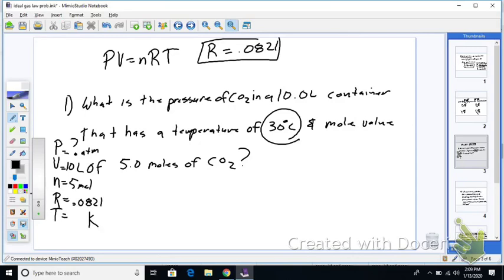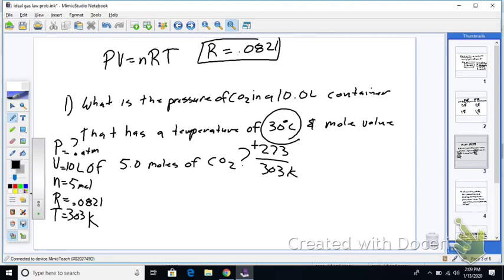You guys remember what we need to add to change it to Kelvin? It was a high number: 273. We add that on, and so that's 303 Kelvin.